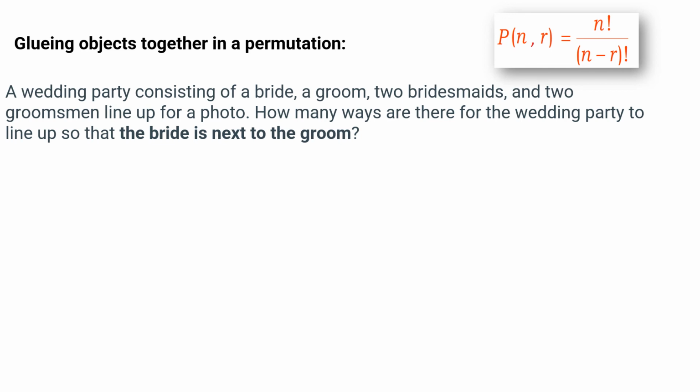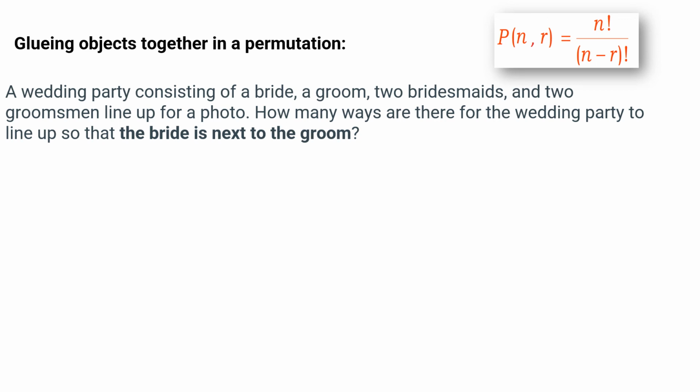So the idea is that we might have the bride and groom all the way over to the left, and then the bridesmaids and groomsmen would be somehow arranged over on the right. Or we could have the bride and groom right in the middle. So there's all these possibilities, but the bride has to stay next to the groom.